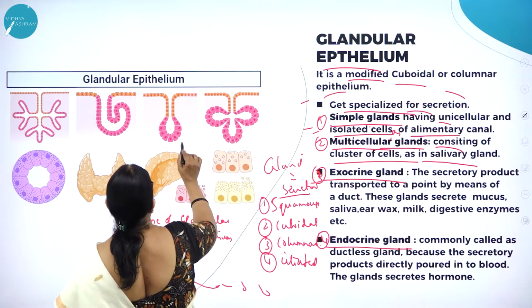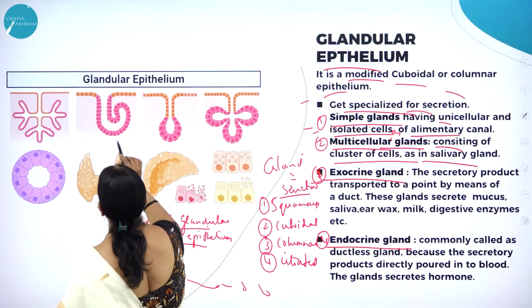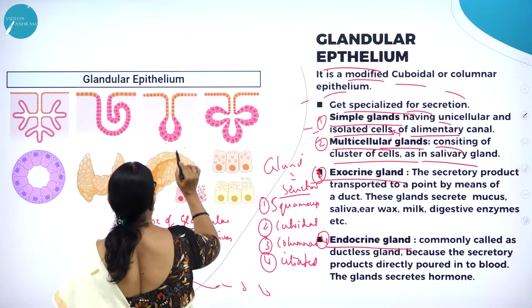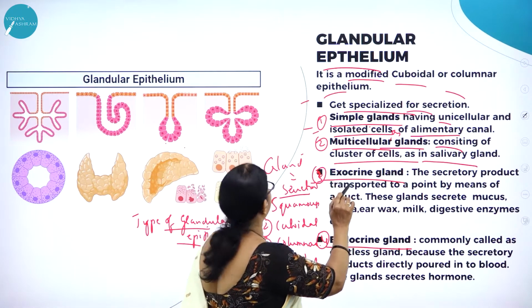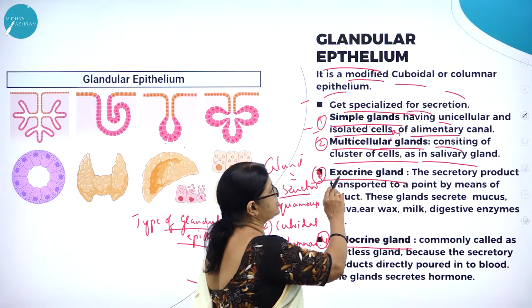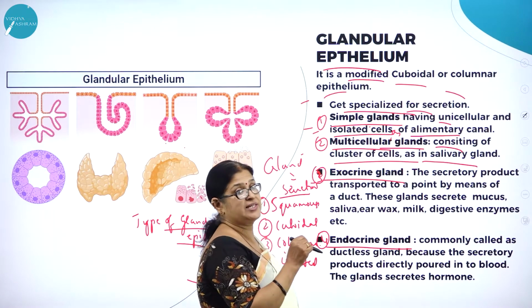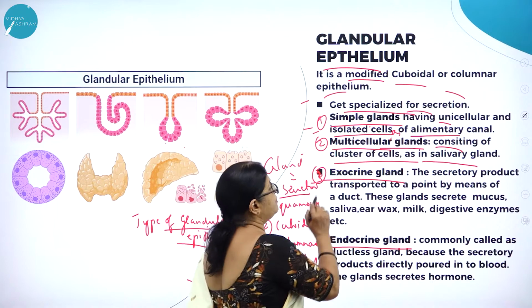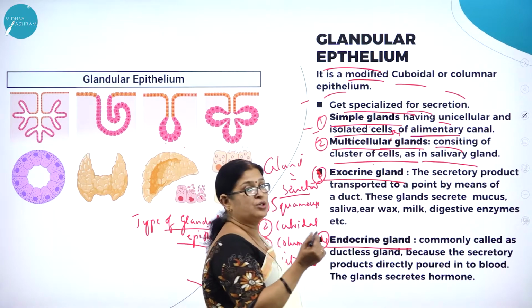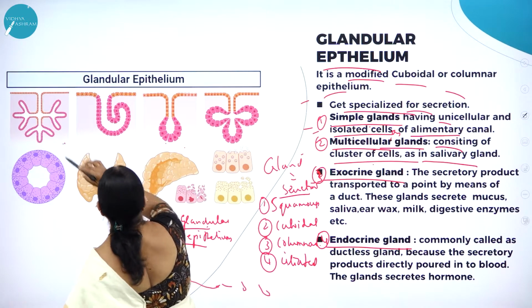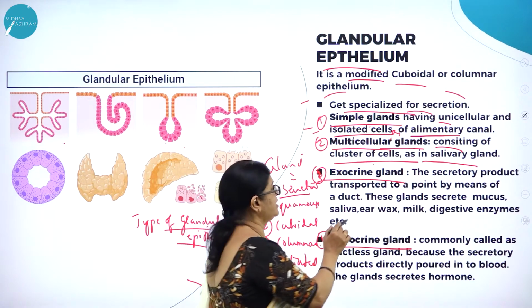Here you can see they are unicellular and isolated cells, just like those of the alimentary canal. Multicellular, the very word itself tells you, consists of a cluster of cells, a group of cells. Here you can see a cluster of cells, as in salivary glands.